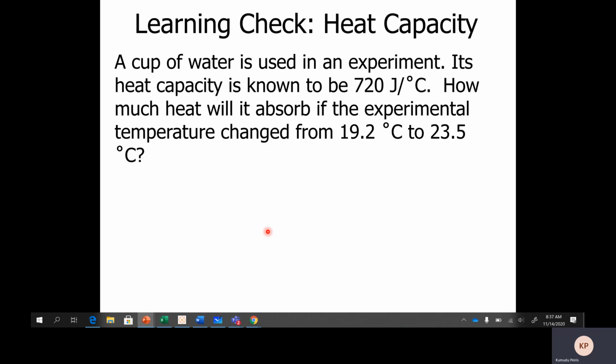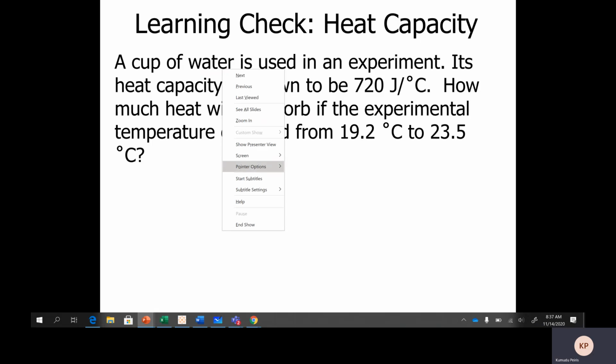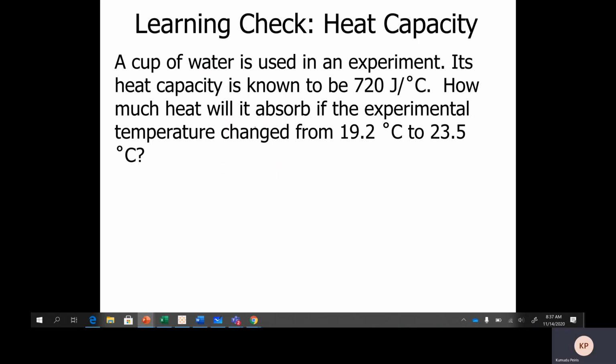Let's do an example. Here is the question. A cup of water is used in an experiment. What is the object in this problem? It is the water.